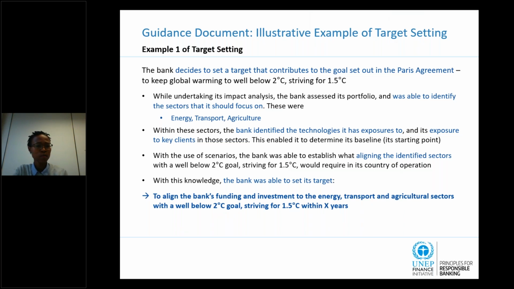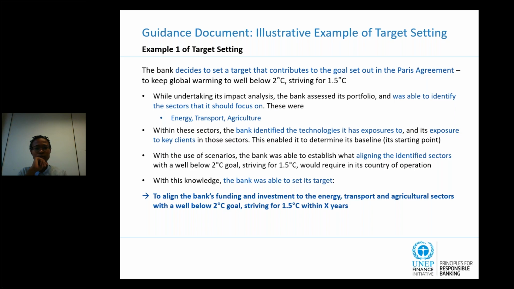So the first example is setting targets to contribute to the goal of meeting the Paris Agreement, which is how we can work as a bank to keep global warming well below 2 degrees Celsius and strive for 1.5 degrees Celsius.